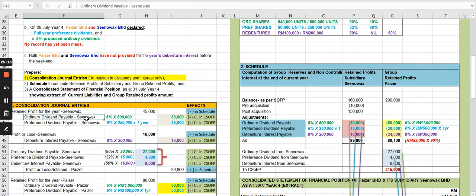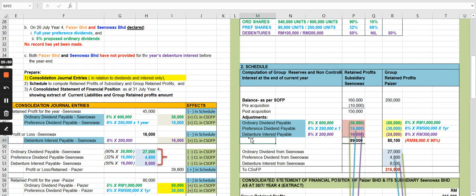So the amount is as calculated here: 30,000, 15,000 and 16,000. Alternatively, if you are not required to prepare the consolidation journal, you can straight away do the workings in the schedule. So this is the working that I also take from the consolidation journal.